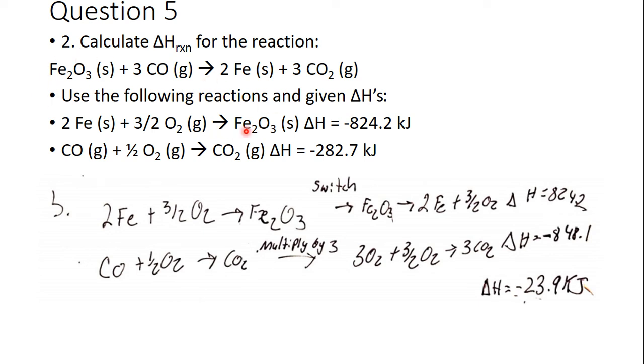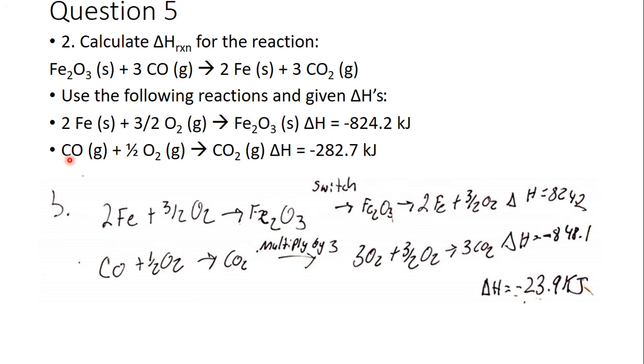In our half reactions, Fe2O3 is a product here, but it's a reactant in the top reaction. So I need to flip this equation. The original delta H for this equation was negative 824.2, so if I flip that equation, that becomes a positive 824.2. I just flipped the equation.